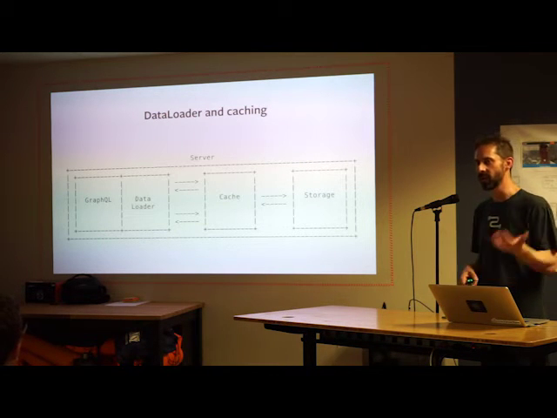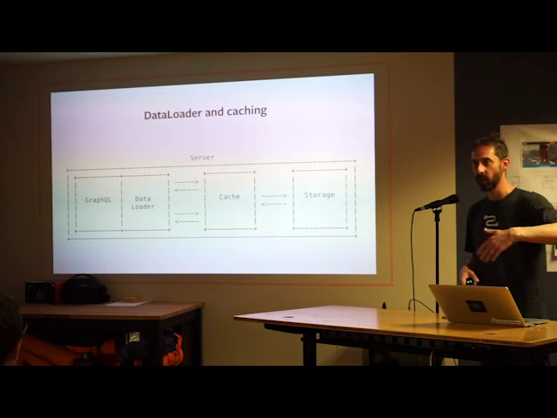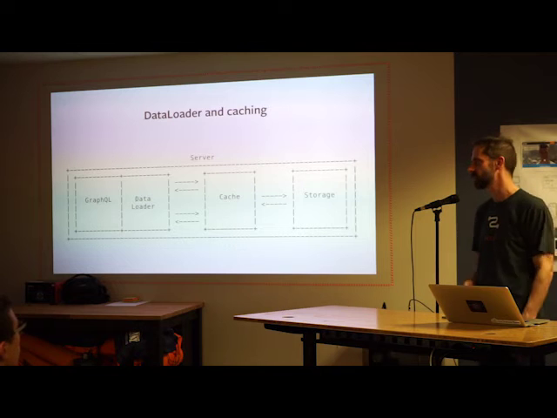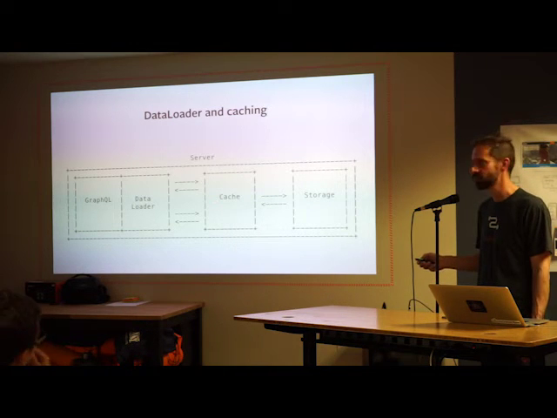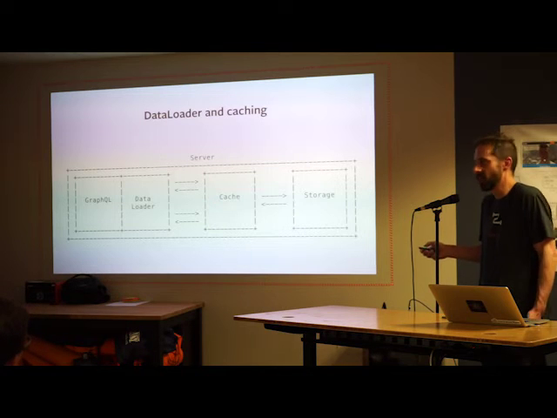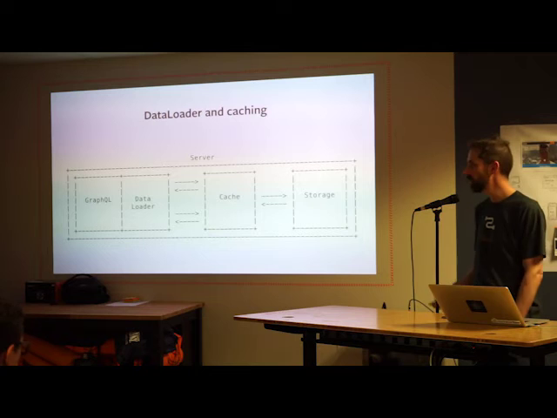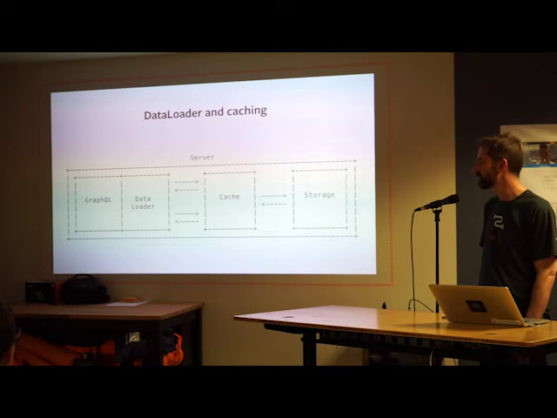It also knows that in an asynchronous world, it can actually wait for a bunch of these things to accumulate and get all of the users at once, and do a smaller number of round trips. You probably also have a caching layer between GraphQL and your actual storage. It might be memcache in front of a MySQL database or some other cache. So that's the reality of what happens on the server.